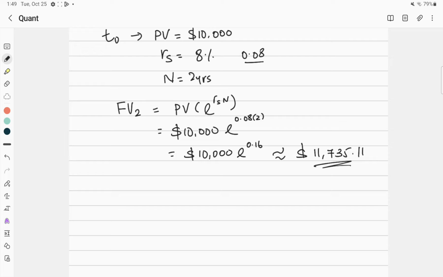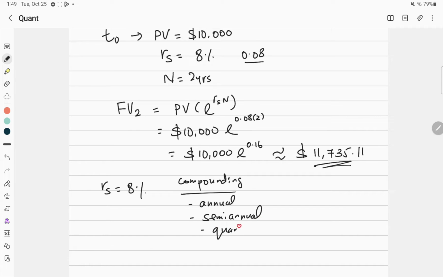Now, if you have a stated annual interest rate of whatever amount, let's say 8% again, then depending on what the compounding is, whether annual, semi-annual, quarterly, or monthly, we find different amounts of future values.